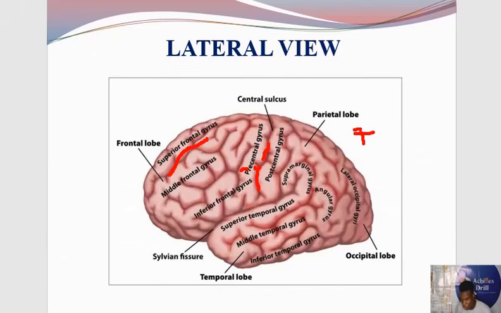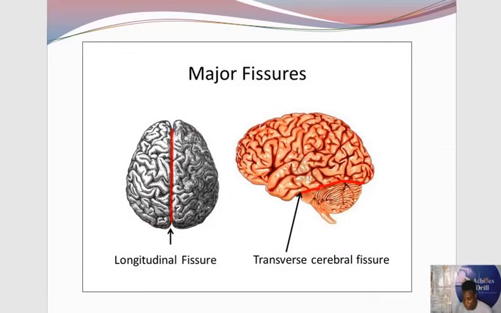Let me walk you through some major fissures of the brain. There are three major ones. There is the longitudinal fissure, the one in the midline. Of course, this is the superior view of the brain, and what we're having right here is the lateral view of the brain. From the superior view, looking at the brain from the top, there is this longitudinal fissure that separates the hemispheres of the cerebrum into left and right.